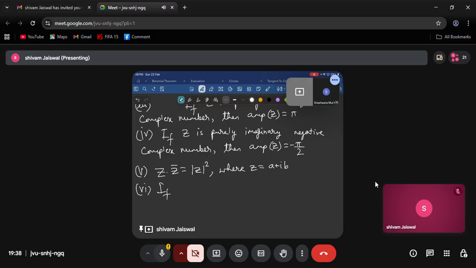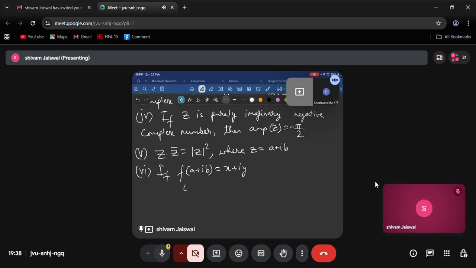If f of A plus iota B, means it follows the rules of polynomials also, if f of A plus iota B is equal to x plus iota y, then f of A minus iota B is equal to x minus iota y. Okay.